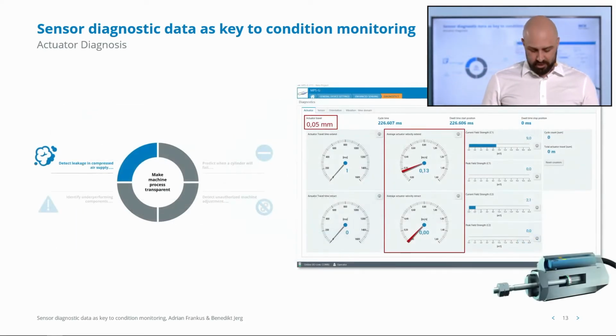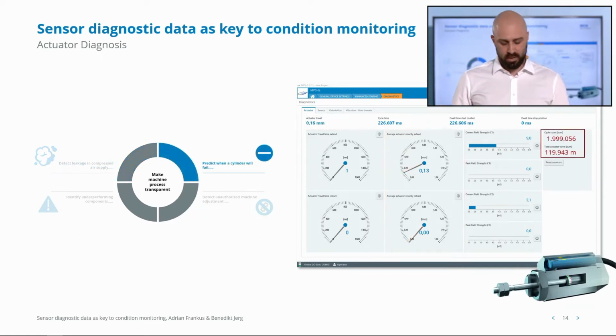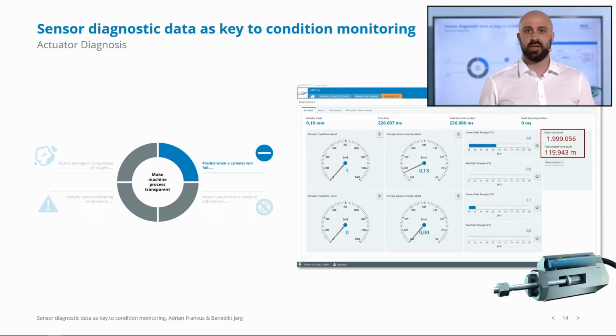First possible behavior could be that the piston moves slower and the stroke gets shorter. And a possible conclusion could be, due to a leakage, not enough compressed air gets into the actuator. The second example, an exemplary predefined lifespan of a cylinder could be 2 million cycles and 120,000 meters actuator travel.